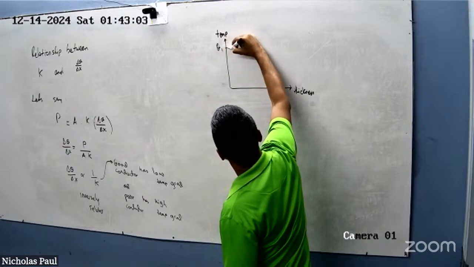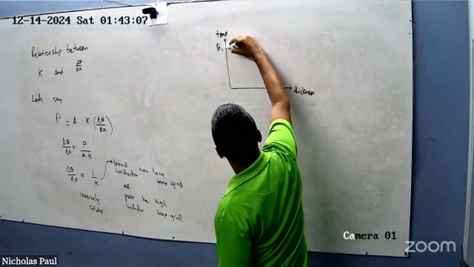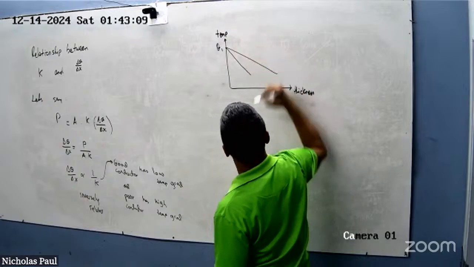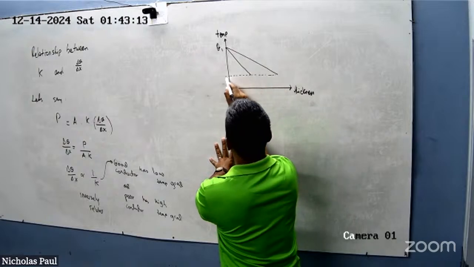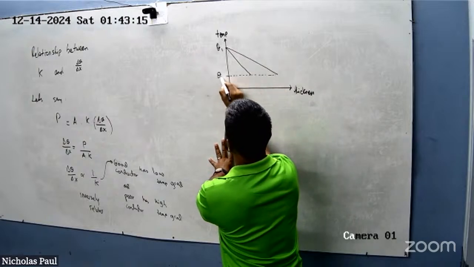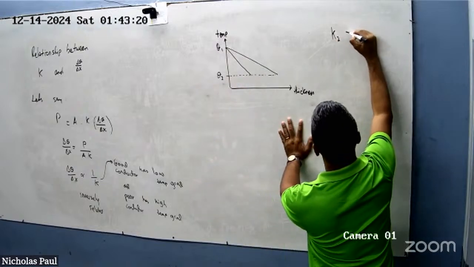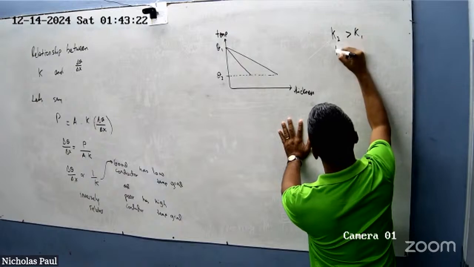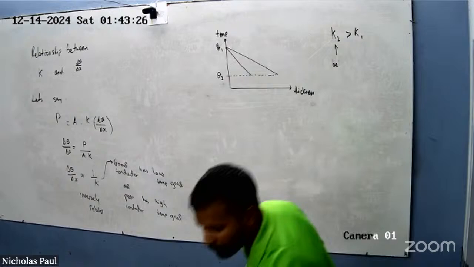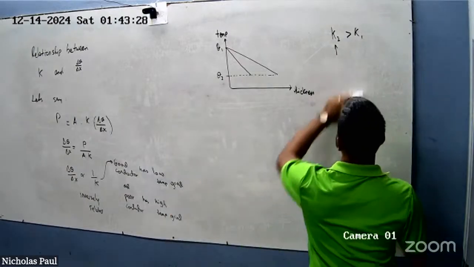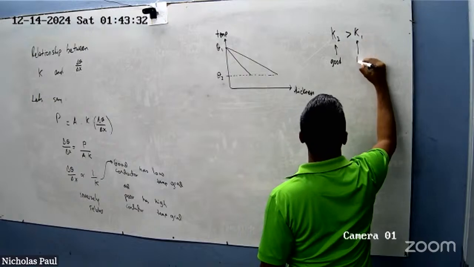One graph looking like this, and the next graph finishing looking like this. This is theta 2. We have two materials. K2 is more than K1. K2, better conductor. Good. Bad.